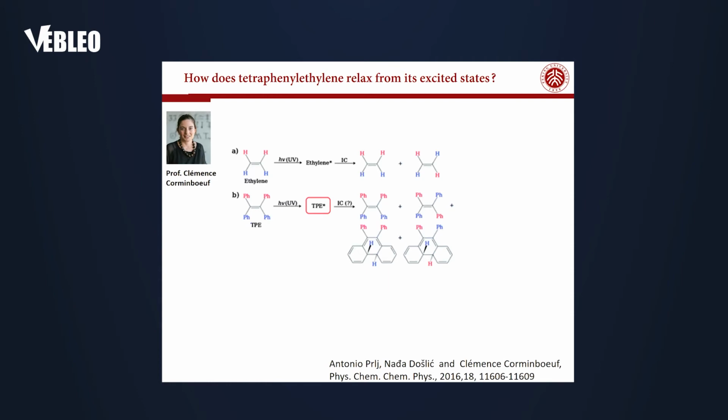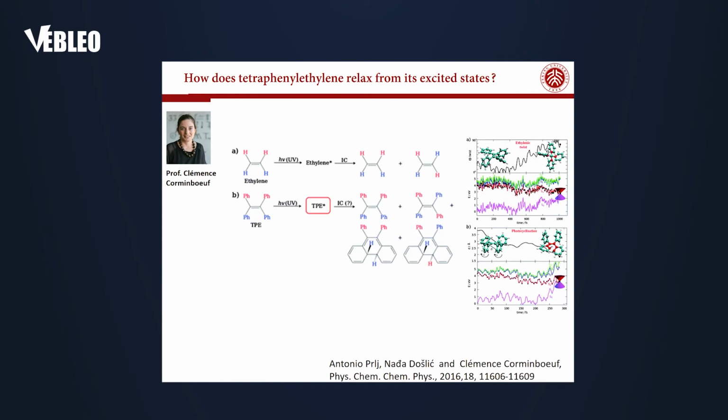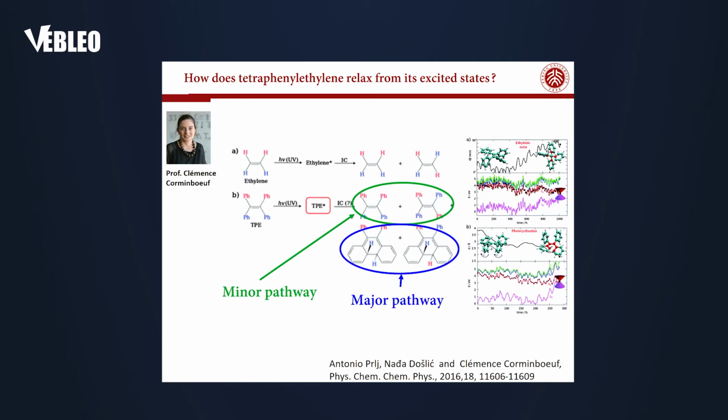So the 4 benzene rings can rotate around the C=C double bond to have these so-called cis-trans isomerizations. But they found that this pathway only plays a minor role for the energy dissipation for this molecule. The major role is the cyclization between 2 adjacent benzene rings.